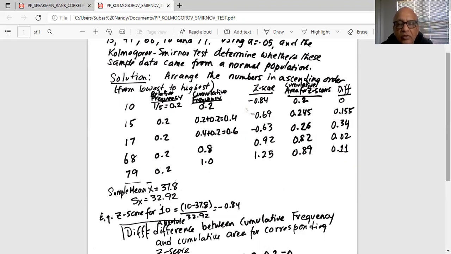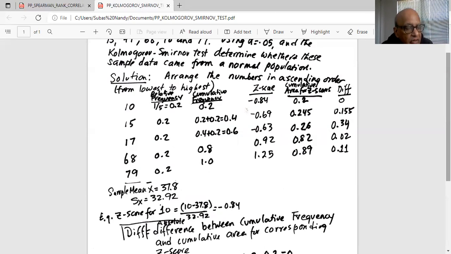I repeat the process. For minus 0.69, what is the cumulative area under the standard normal curve from the large negative number on the left to minus 0.69? Second, vars 2, lower is still minus 1E99. Upper now changes to minus 0.69. Mean is 0, standard deviation is 1.